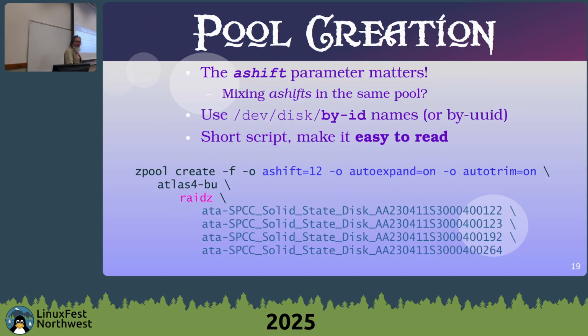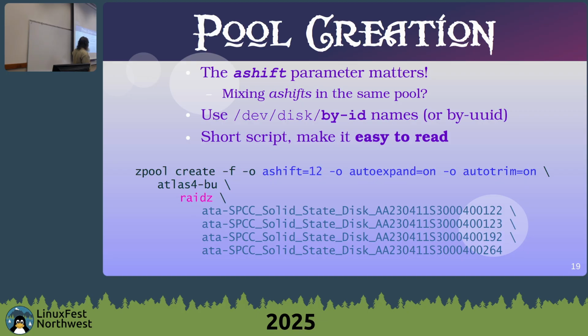Okay, so I wanted to show you guys an example of pool creation, and if you guys see the light blue on lighter blue? Okay, well, this is a more detailed slide. When you're creating a pool, you have a parameter called a shift, and it's an exponent that describes the size of the smallest record that you'll write to your physical disks.